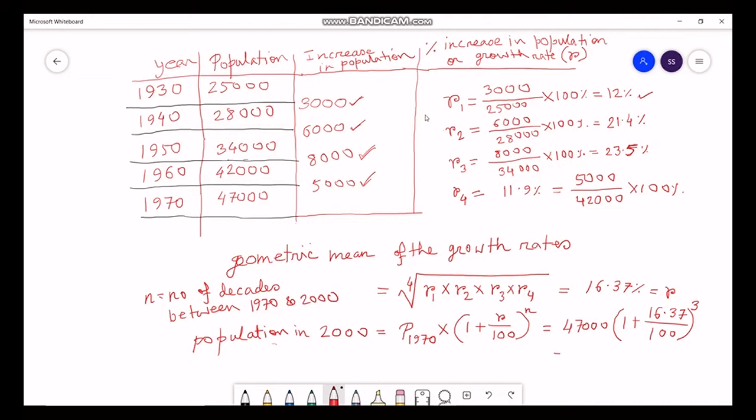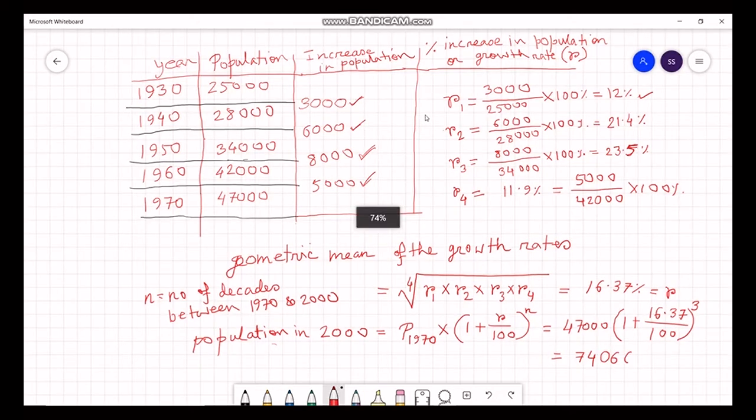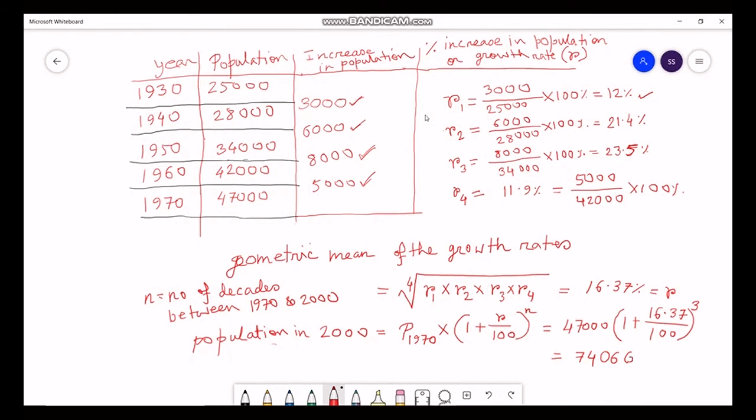So calculating all the values, we get the population of 2000 as 74,066. So this is the population of 2000 calculated as per the geometric method.